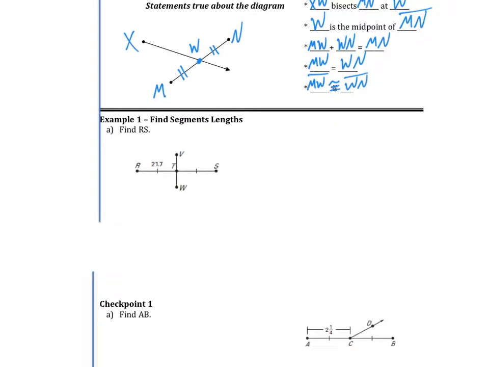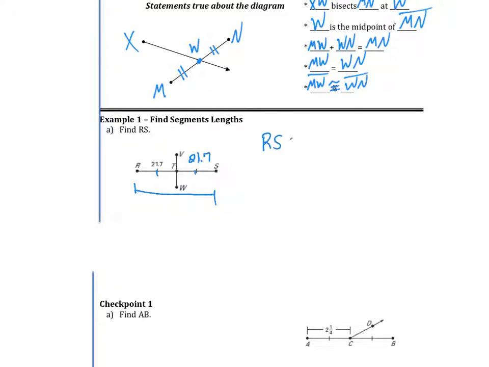Then we have a couple examples. Example 1 says find the lengths. We want to find the length of RS. So RS is the entire length. And notice that these hash marks mean that they're equal. So this would be 21.7 as well.